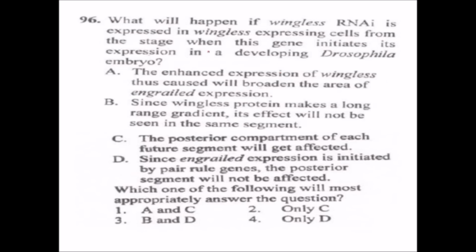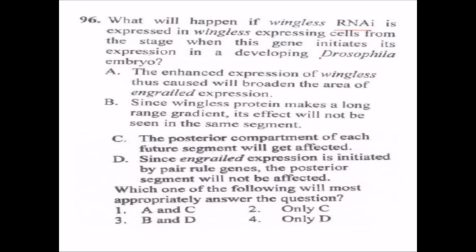Next question is, what will happen if wingless RNAi is expressed in the wingless expression cell from the stage when this gene initiates its expression in the developing Drosophila? Actually, wingless is expressed in the posterior region of each segment or in the anterior portion of each parasegment. But if RNAi is present there, then it will not allow the wingless to be expressed.